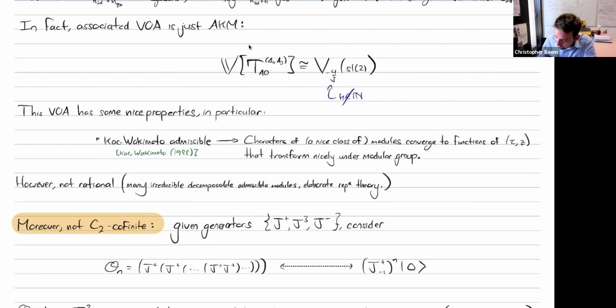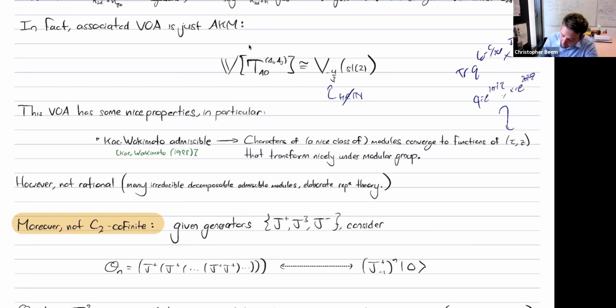So the modules of these things are going to converge to functions of tau. Remember that we have q is e to the 2 pi i tau. And let's say that we have x is e to the 2 pi i z. And we're looking at the trace of q to the L_0 minus c over 24, x to the J_0. Here x measures charge under the Cartan of my SL2.